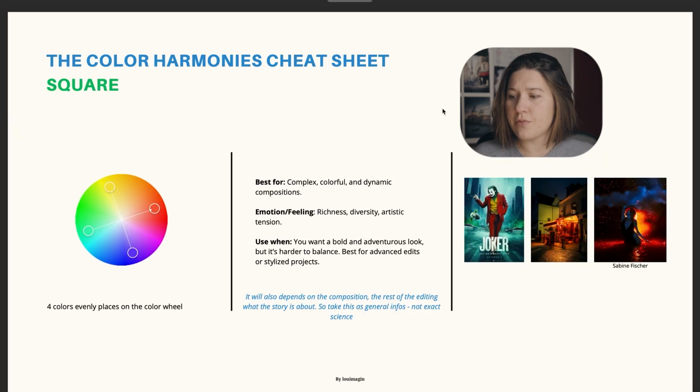Something else I find very interesting is the square color harmony, completely the opposite of what I talked about before with analogous and complementary color schemes, because here we have 4 colors evenly placed on the color wheel. So it's like 2 complementary colors, but usually it's used to create a complete, colorful, dynamic composition, something that is used for a bold and adventurous look.